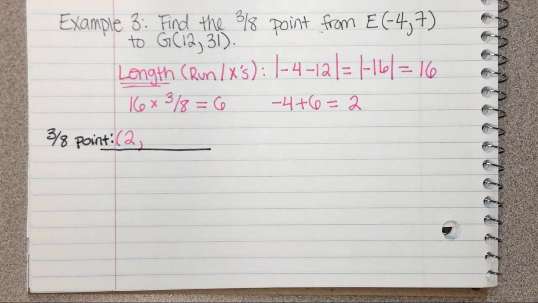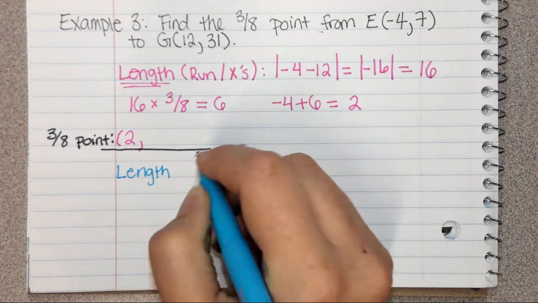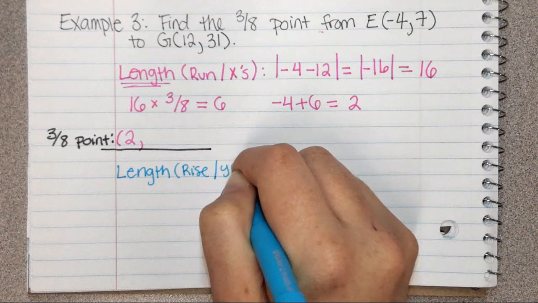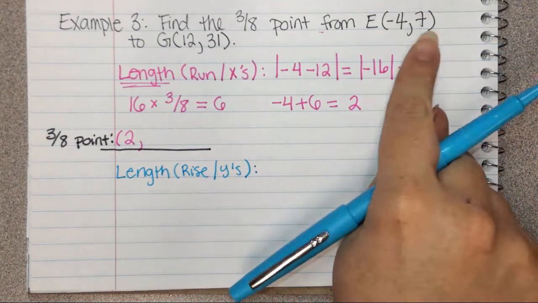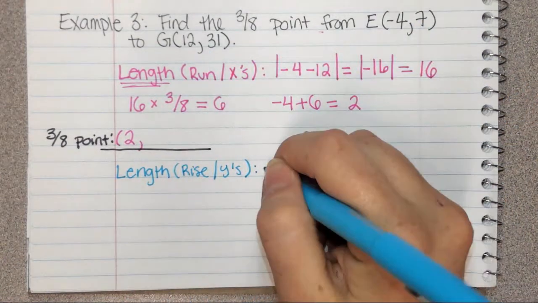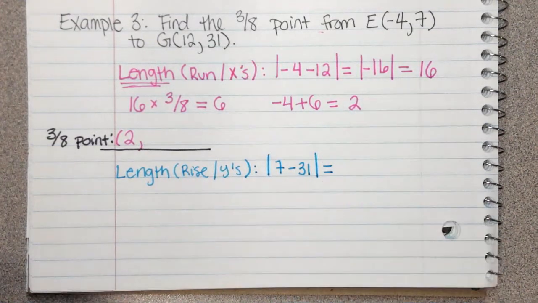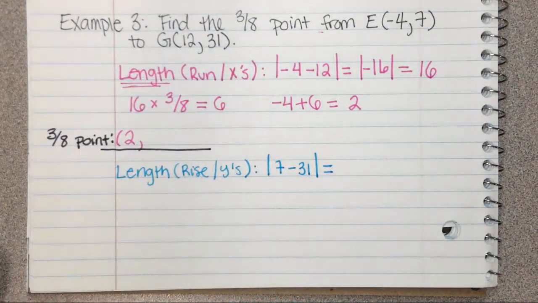For the second half of the problem, we're going to find the y-coordinate. Pretty much you're going to do everything that you just did, but instead of doing it for the run, you're going to do it for the rise, or the y values. So I'm going to start by subtracting my y's. 7 minus 31 is equal to -24.